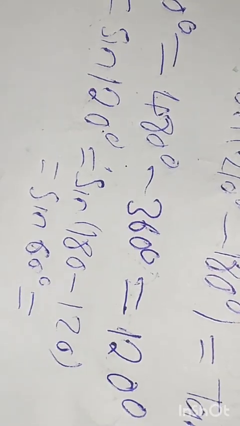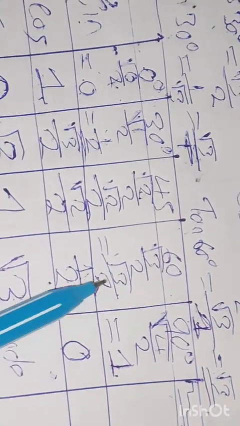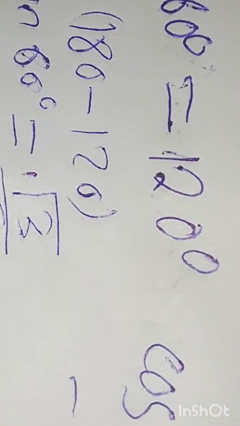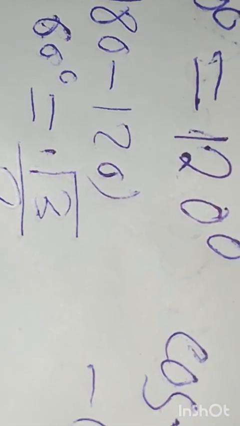From the table, at 60 degrees sine is root of 3 over 2. The expression is positive because sine is positive in the second quadrant, so it's in its natural quadrant.